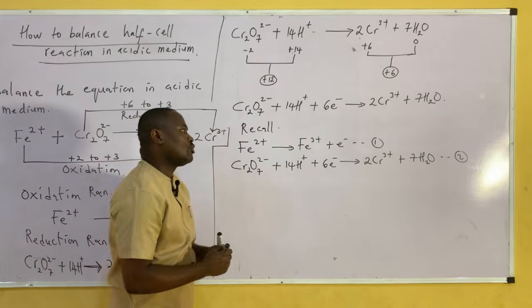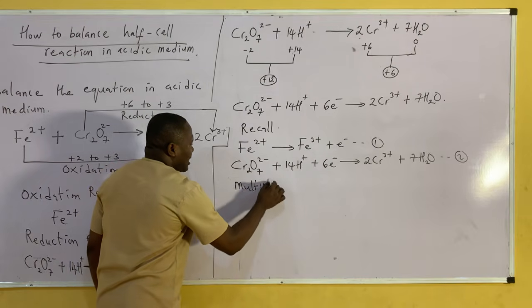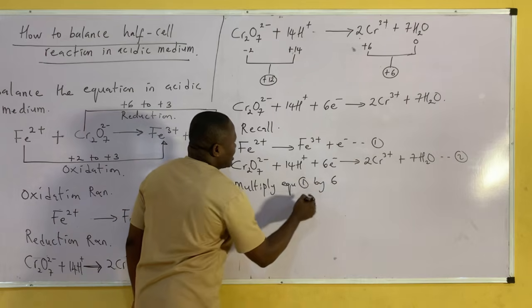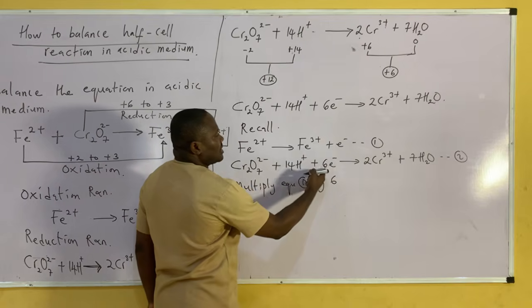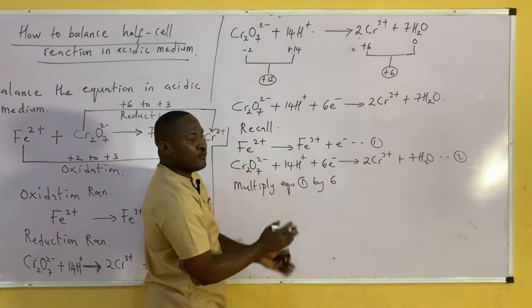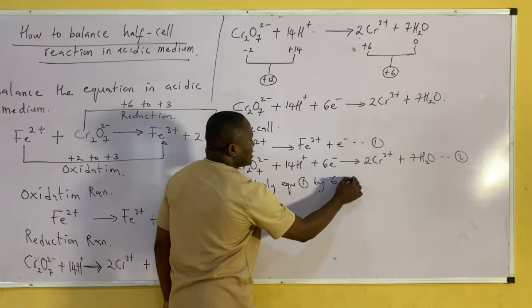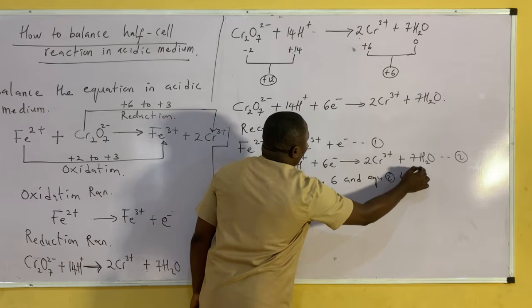So what will I do? I will multiply equation 1 by 6. So 6 will multiply everything through so that the electrons can be equal and I can cancel them. Multiply equation 1 by 6 and equation 2 by 1.